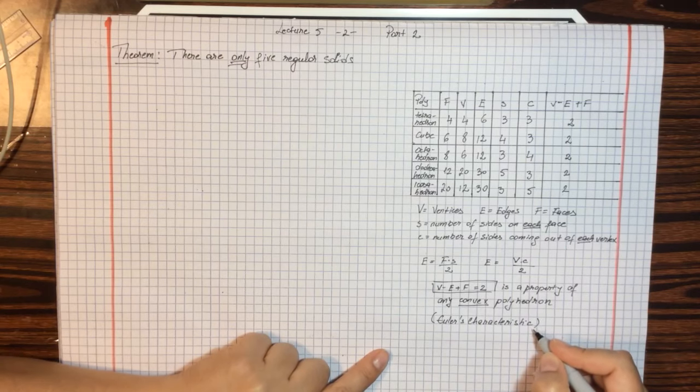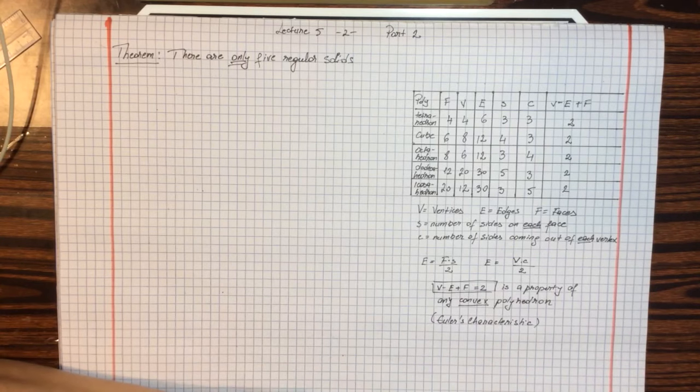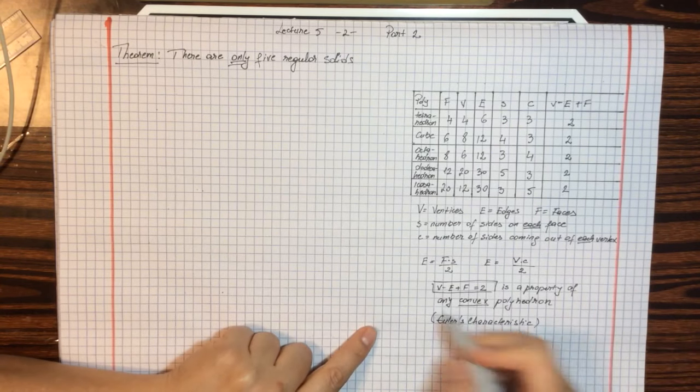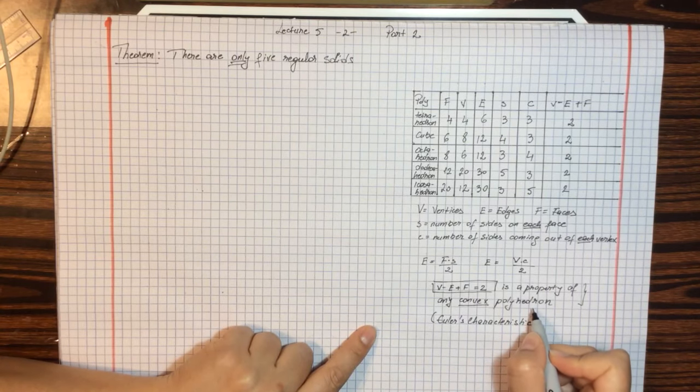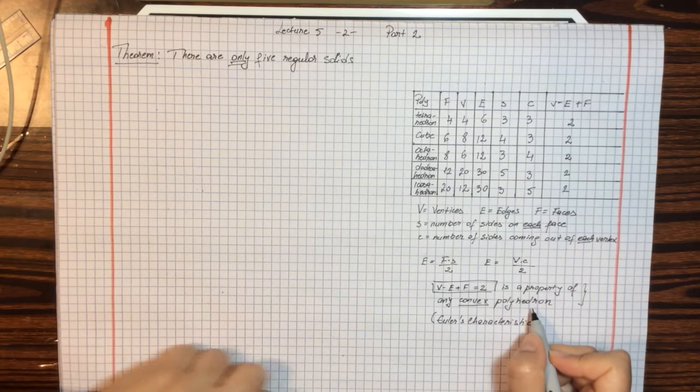Otherwise it is known as Euler's formula or Euler's characteristic. So what I'm saying here is that any convex polyhedron should satisfy Euler's characteristic.